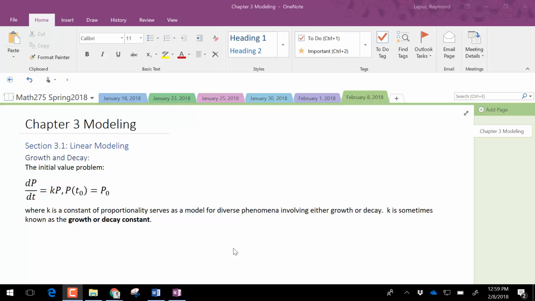Yeah. So we skipped 1.3 because section 1.3 talks about modeling, but it doesn't solve the differential equations because we hadn't learned to solve them yet. So it was kind of like a preview of what's to come, but it's kind of boring.